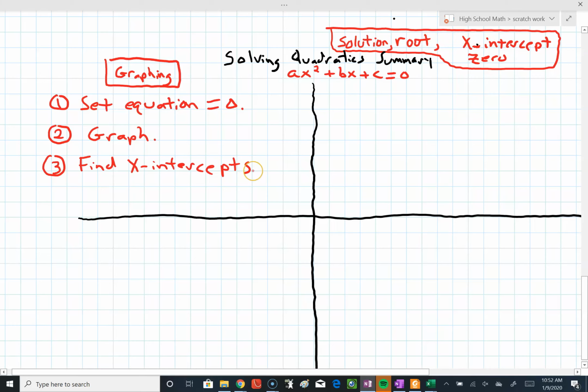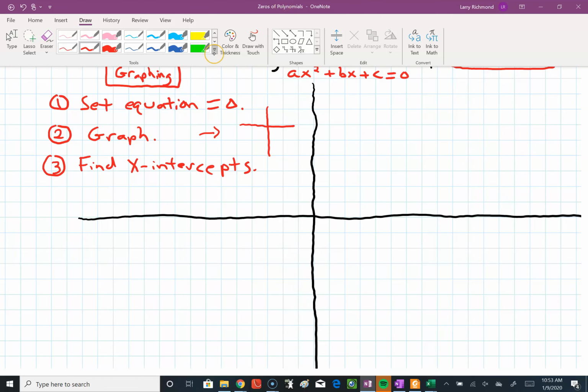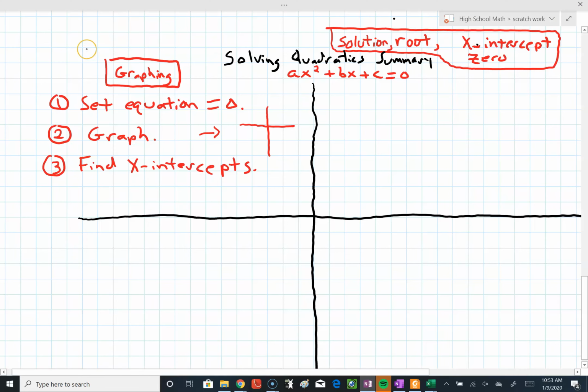All right. So when we graph our parabola, we know it's going to be this U-shaped curve. And we are seeking these X-intercepts.